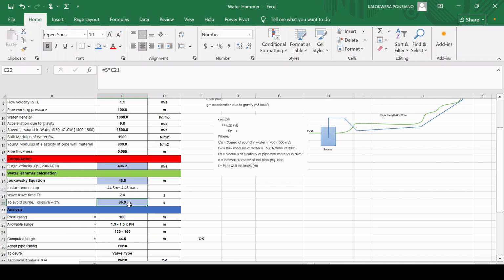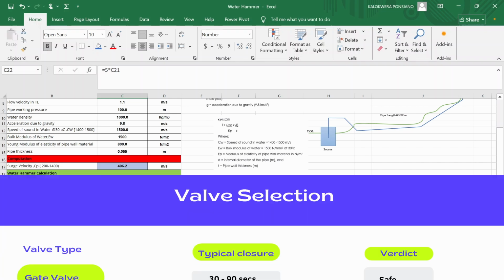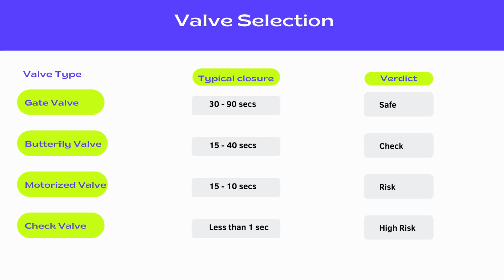It helps us decide on the type of valve, and from this table we can see the best valve we can use in that range. Our value of 36.9 falls within the first one, the gate valve. So we are going to use the gate valve, since it has a typical closure of 30 to 90 seconds, and our value is 36.9. This makes sure that our system is safe.